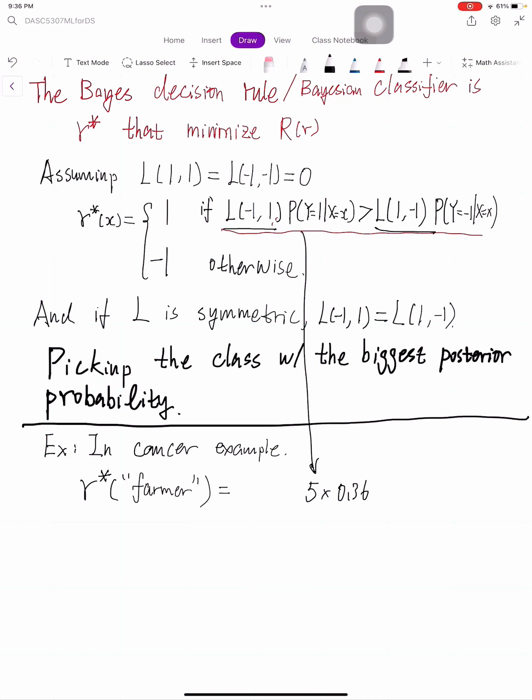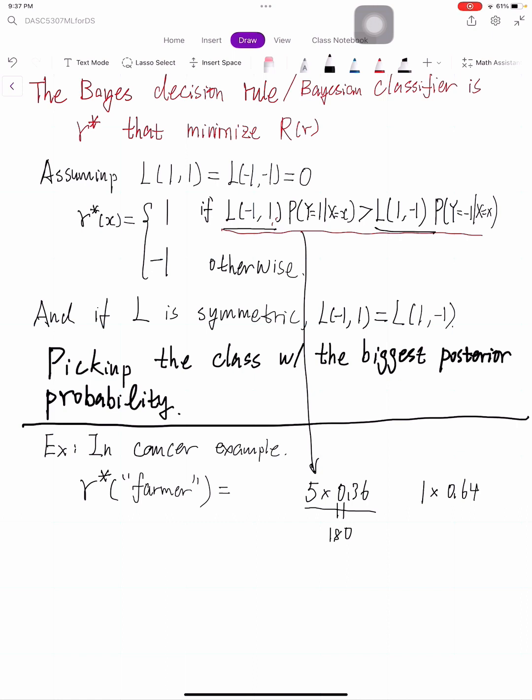And the false positive, we give loss 1. We multiply by the posterior probability. Given the farmer, what's the probability of negative? It's 64%.